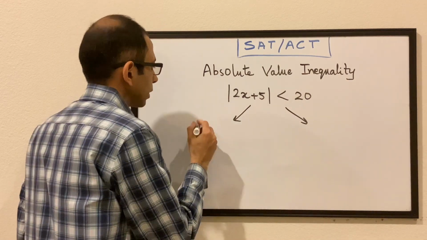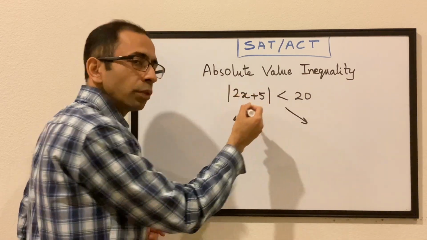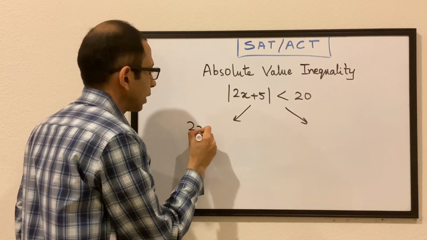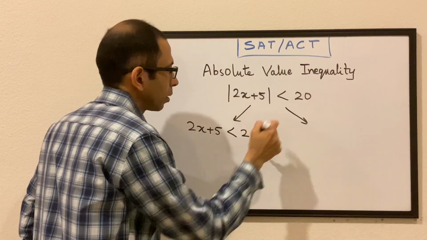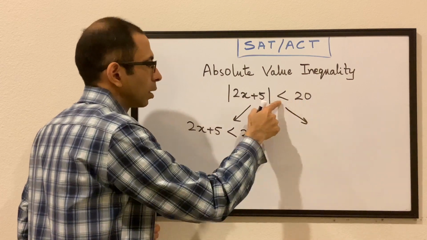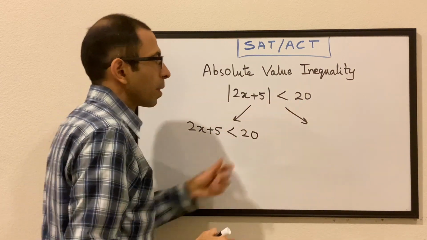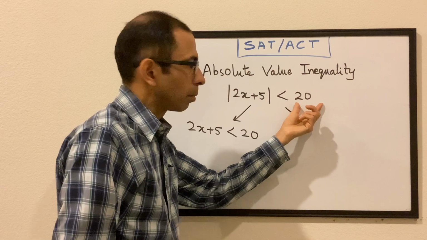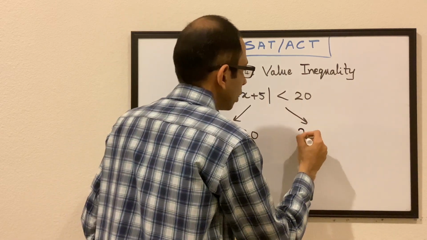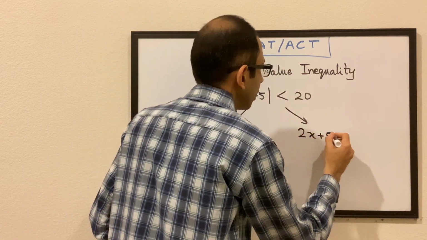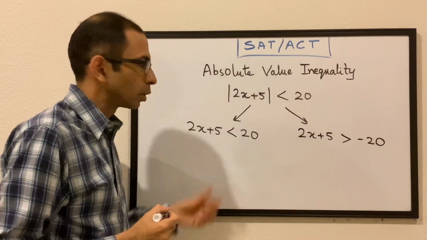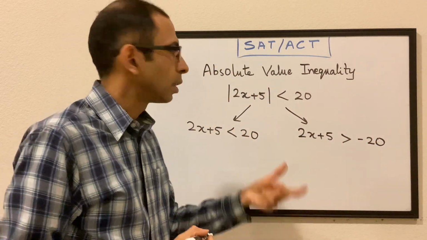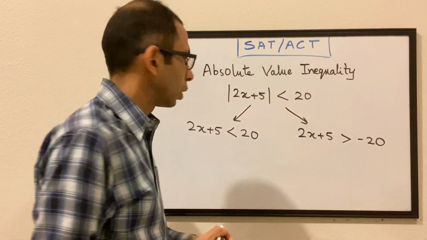What I mean by that is that when we remove this absolute value, we write it as 2x plus 5 is less than 20, the positive value of this number, keeping the same sign. When we take the negative value of this number, we flip the sign. So 2x plus 5 is greater than minus 20.